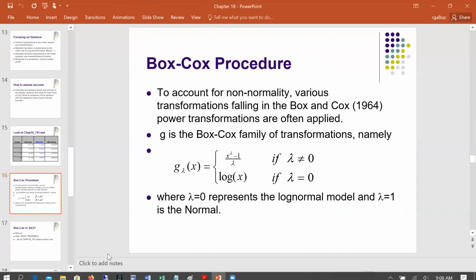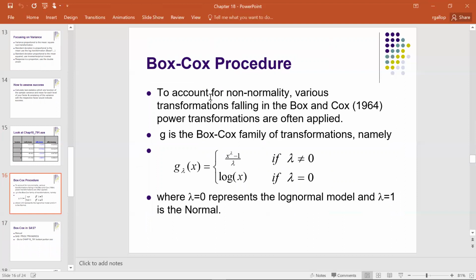What we could do is expose you guys to these things called the Box-Cox procedures. These are sometimes called the power transformations. What SAS does is try to find the optimal power transformation for our outcome, looking at the value lambda. When lambda is equal to 0, it represents the log transformation.